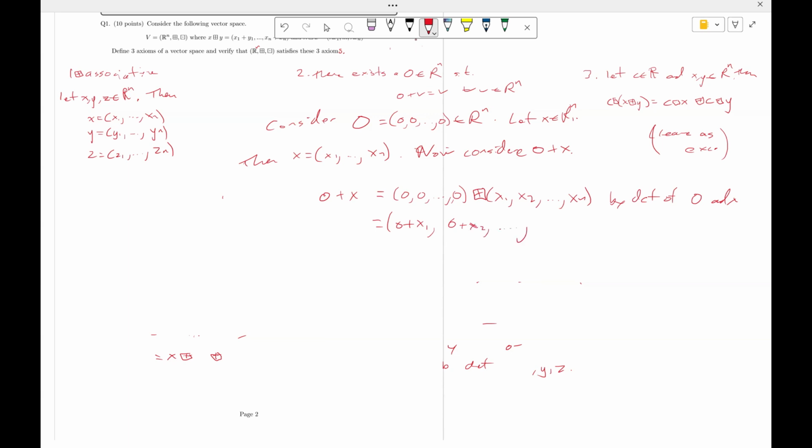And notice here, this 0 is my scalar 0. This here is my vector 0.